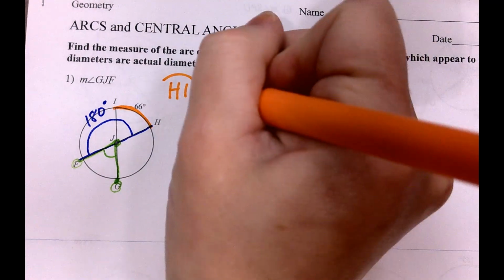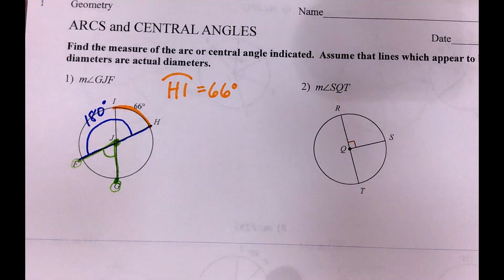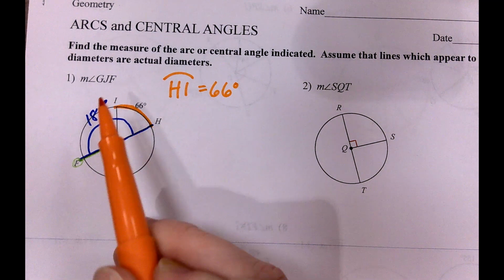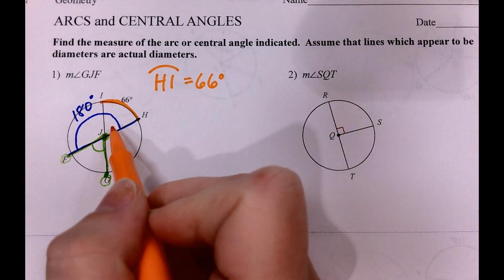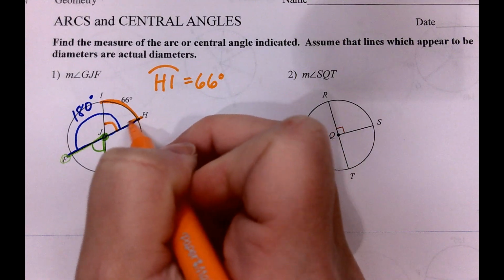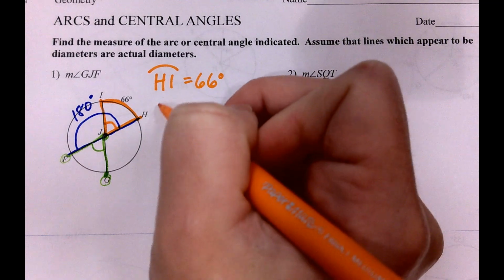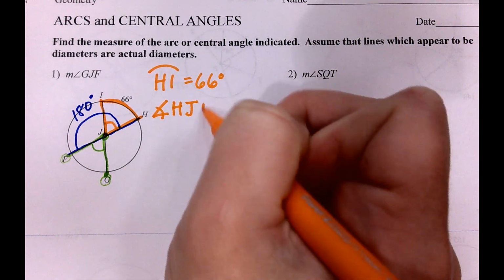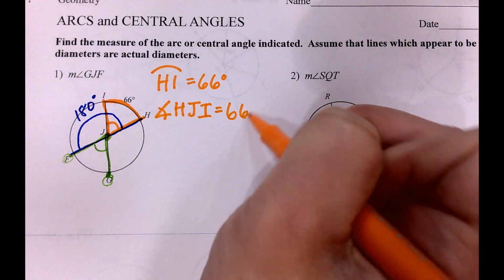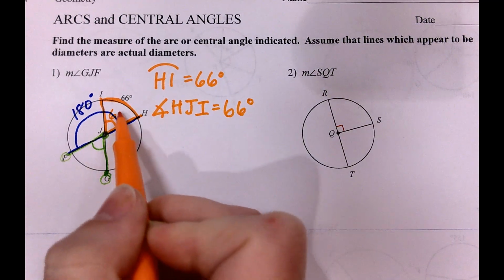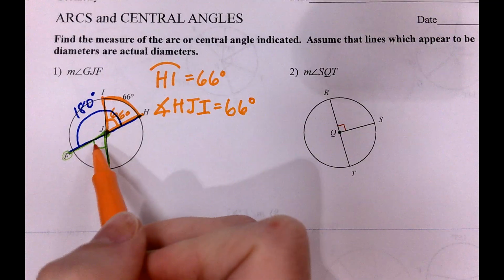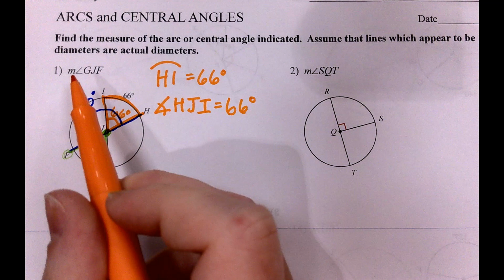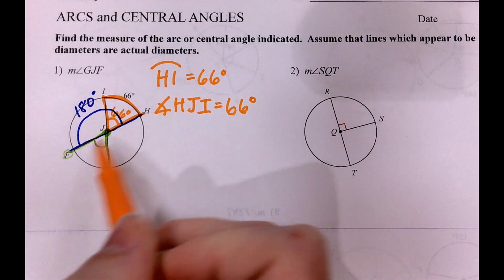Isn't it 66 because they're across from each other? Yes. Okay, so you got it right on the head. This arc is 66 degrees, which means this central angle, HJI, is also 66 degrees. So we'll mark that HJI. So I know that this is 66 degrees, and thinking back to our angle relationships, that angle is right across from the one that we want, GJF, right here, the green angle.